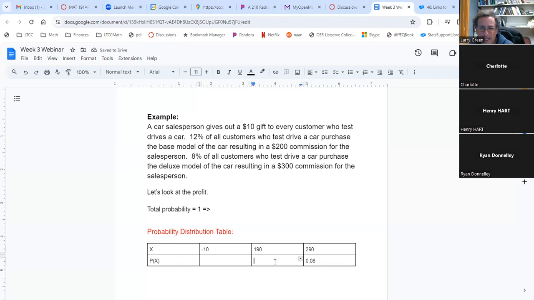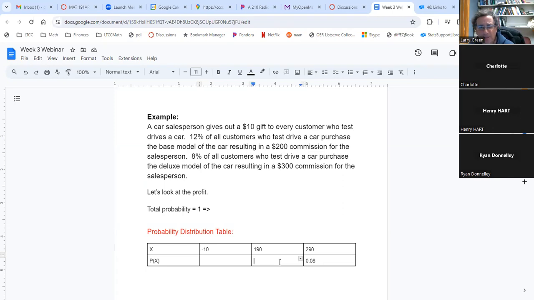What is the probability that the car salesperson will profit $190? Also not that hard. What is that probability? Hopefully all of you can figure that out because it's not tricky or anything. You do have to read the question.